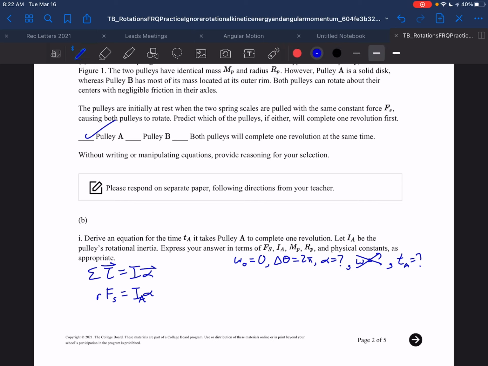Since the final angular velocity is the thing we don't know and don't care about, we want to use the equation with no final angular velocity, which is delta theta equals omega naught t plus 1/2 alpha t squared. This is 0, and the t is actually TA in this question. And delta theta is 2 pi.